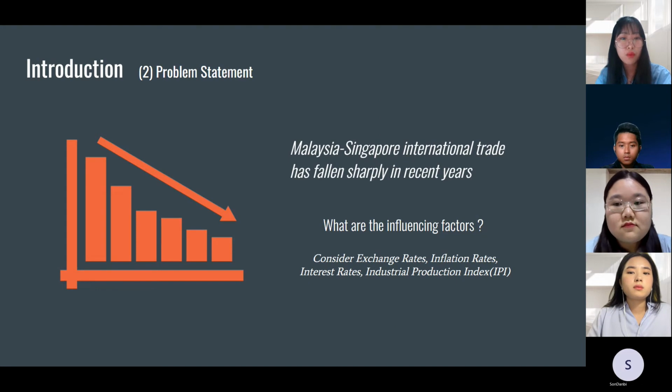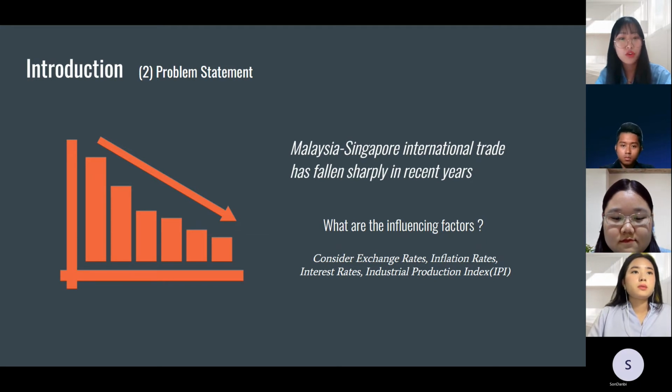Next, I'd like to talk about why we are doing research on this topic, the problem statement. International trade is an important contributor to Malaysia's economic growth and development. Singapore is also one of Malaysia's major import and export partners.